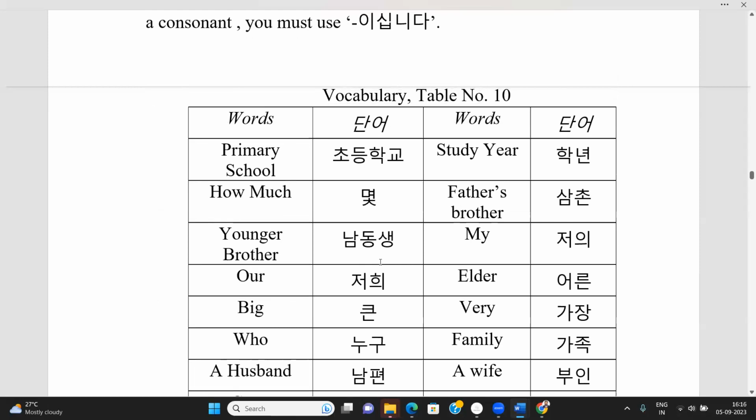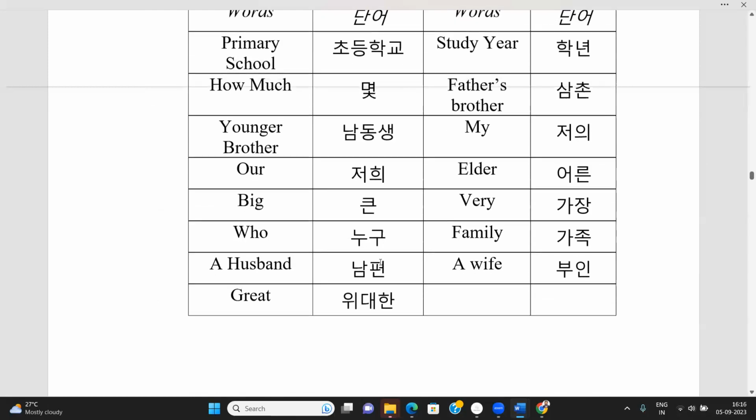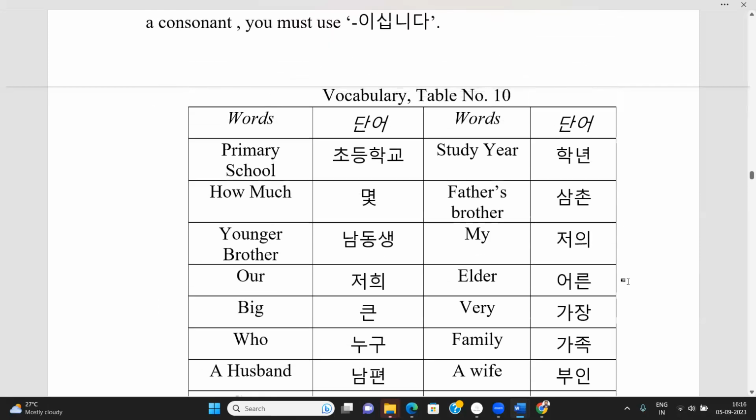Vocabulary table number 10. Primary school 초등학교. How much 몇. Younger brother 남동생. We 저희. Big 큰. Who 누구. A husband 남편. Great 위대한. Study year 학년. The pronunciation will be 항년. Father's brother 삼촌.